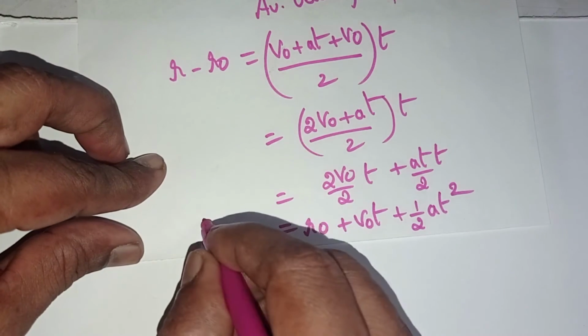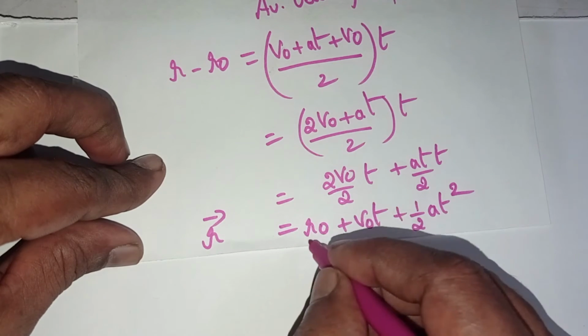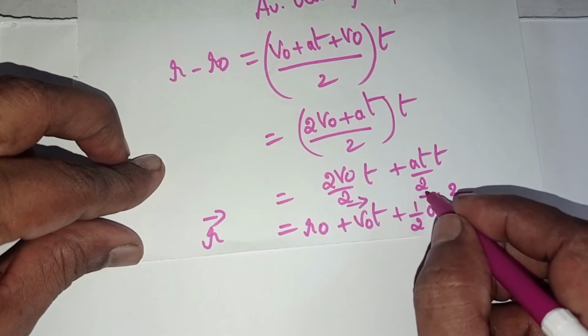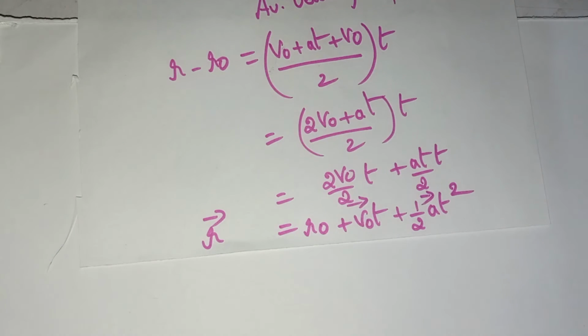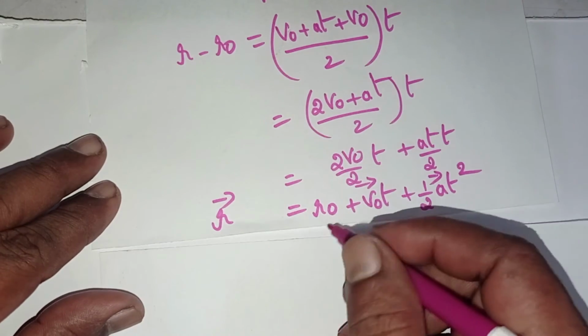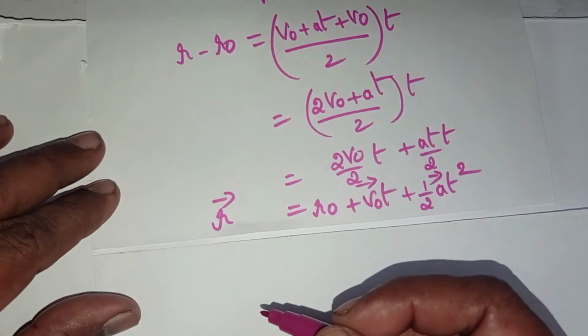Now all are vectors. R vector, R naught is the initial distance, V naught is a vector, and acceleration is a vector. Now suppose the initial distance, if we take at origin, R naught is 0. So in that case what will happen?